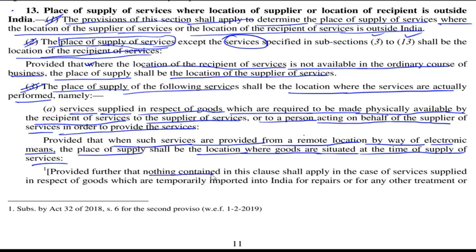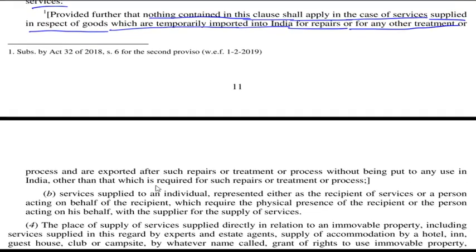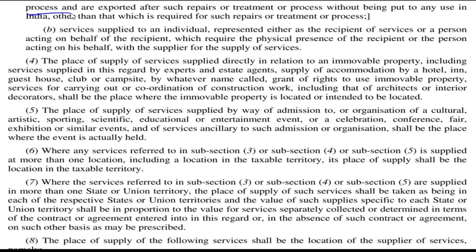The proviso states that nothing contained in this clause shall apply in case of services supplied in respect of goods which are temporarily imported into India for repair or for any other treatment or process, and are exported after such repair, treatment or process without being put to use in India, other than that which is required for such repair, treatment or process.